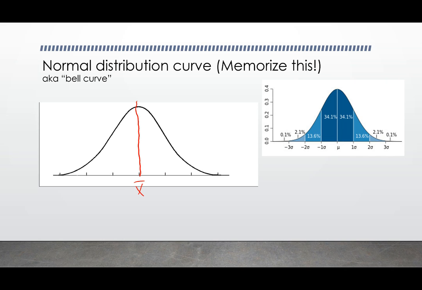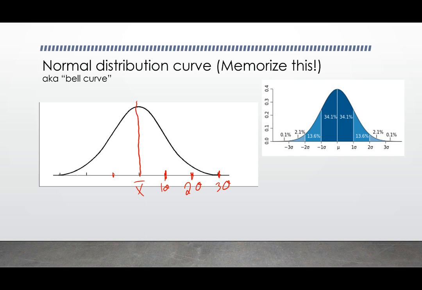And each of these tick marks that you see going out is not just a number line. This is a standard deviation. So this will be noted as one standard deviation away. The second tick mark means two standard deviations away. Then the third tick mark means three standard deviations away.